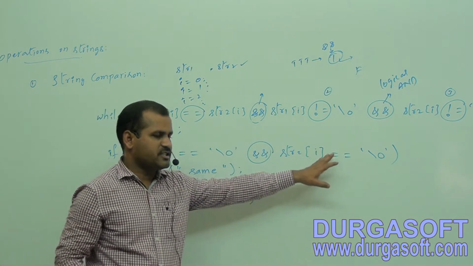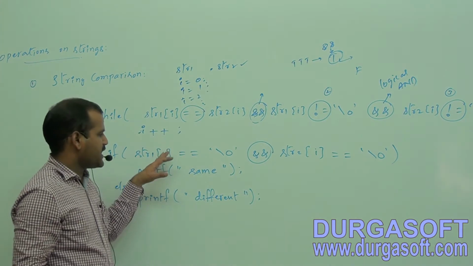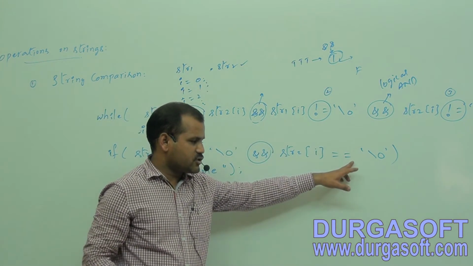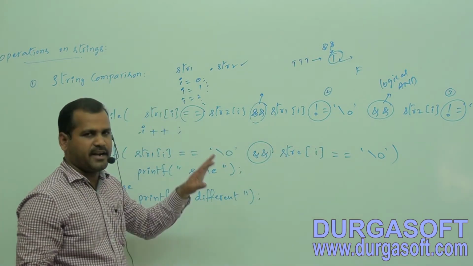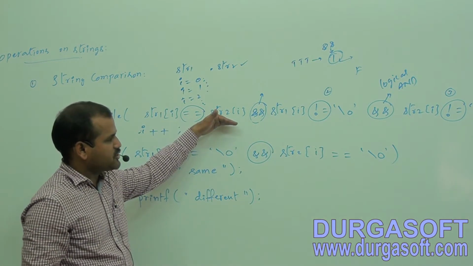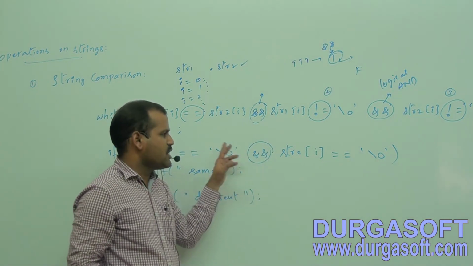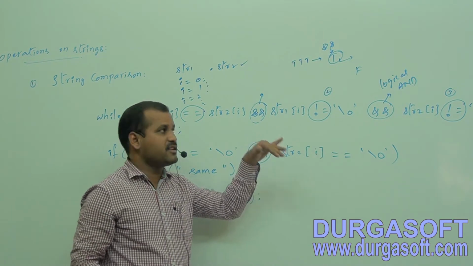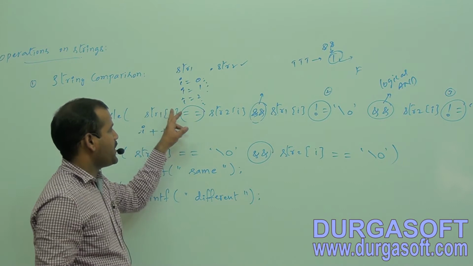If these two conditions are true, that means this condition shows the first string is ending, and this condition shows that the second string is ending. If both strings are ending, the while loop execution is completed. That means both reached the null character at the same iteration, meaning the characters were the same at every position.